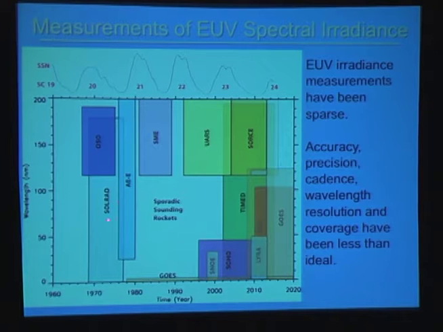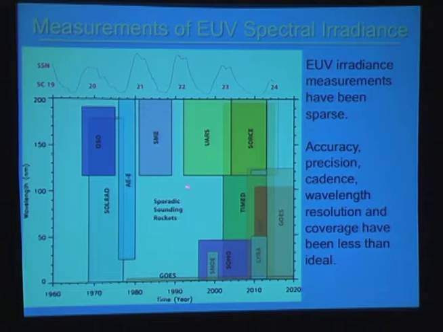And even though there are big boxes for some of these, like the SOLRAD and AEE and SOHO, these instruments have different limitations of time cadence. Some of them are only daily measurements. Some of them are limited in wavelength resolution. Some are broadband. Some are just certain sections of the spectrum.